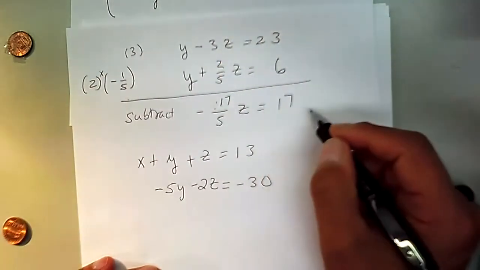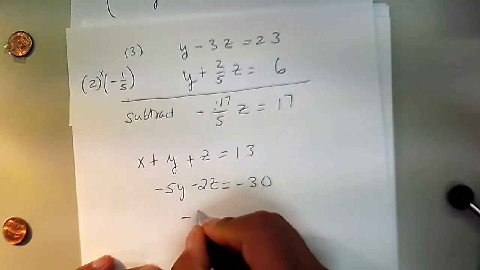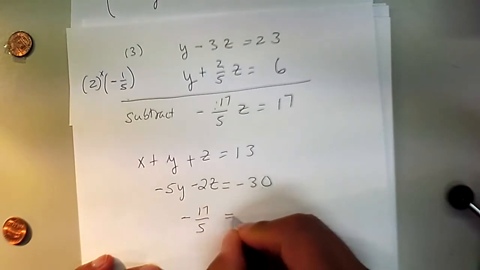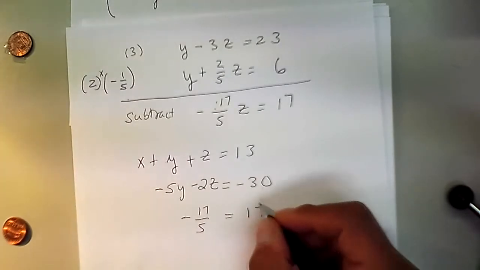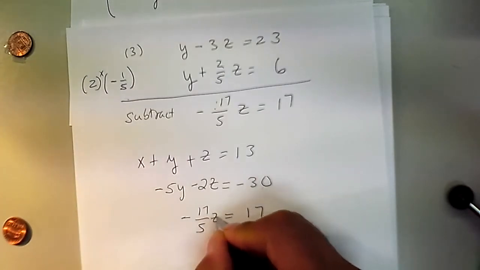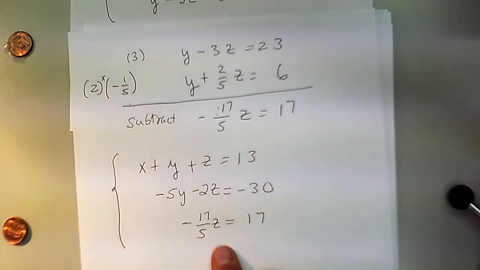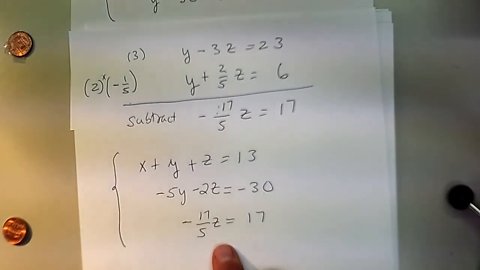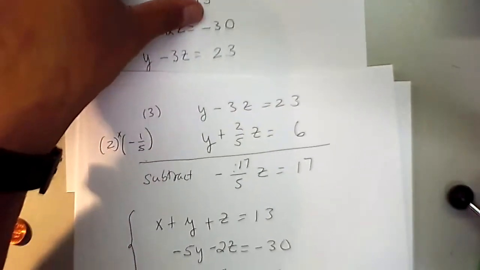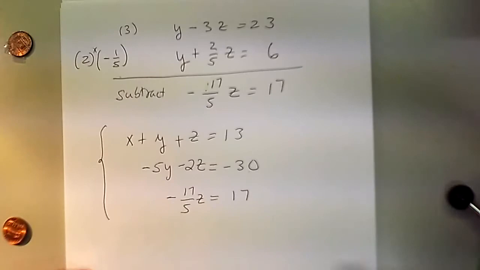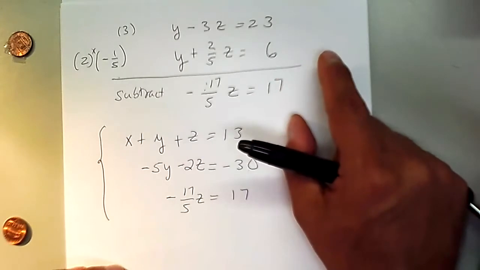And the new equation is -17/5 z equals 17. Oh, I'm missing the z. There we go. Okay, so now we got an upper triangular system of equations that is equivalent to the original system of equations.